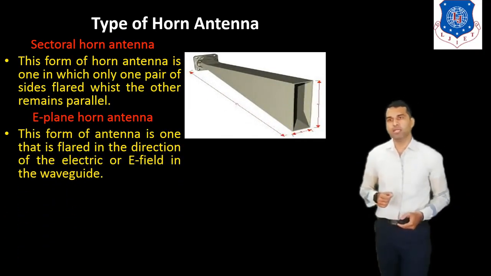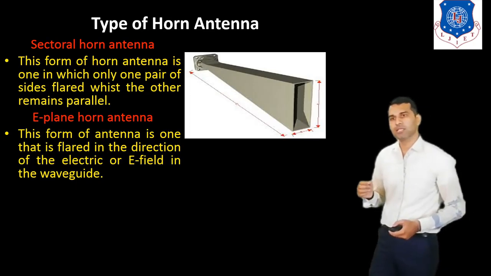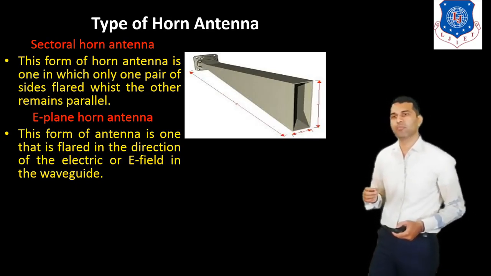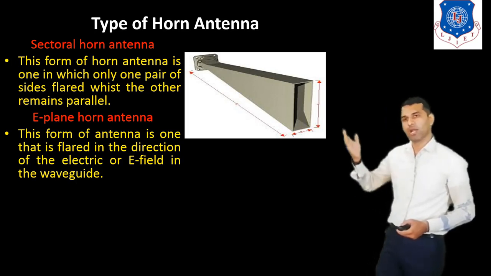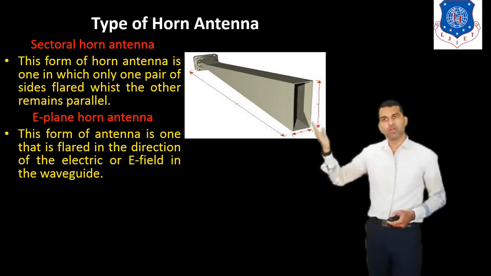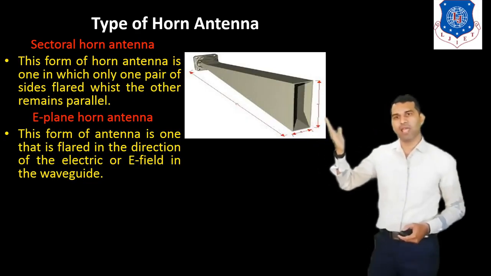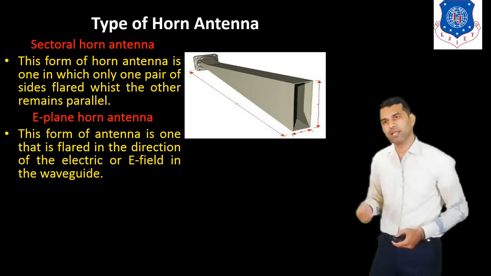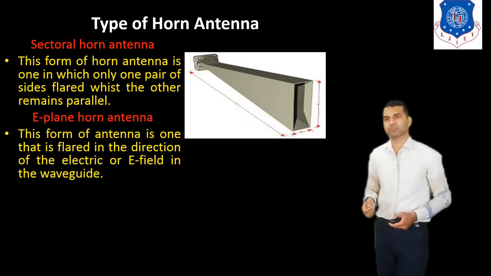This form of antenna is one that is flared in the direction of the electric or E field in the waveguide. So this is the E-plane horn antenna, in which the flaring is given in the E field, or we can say in the electric direction.